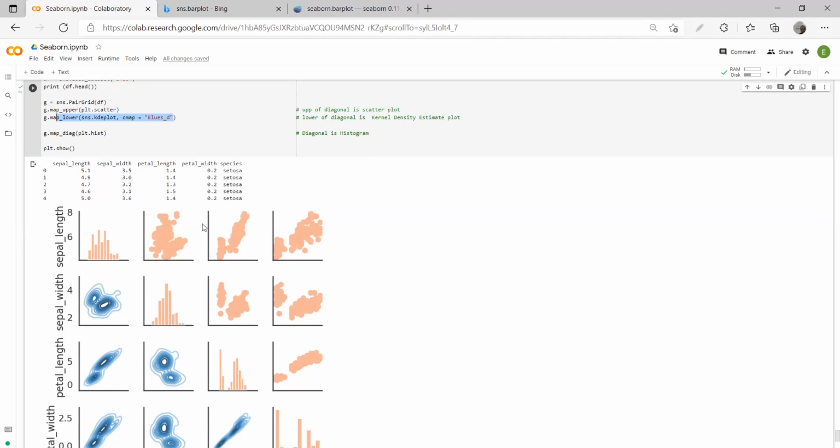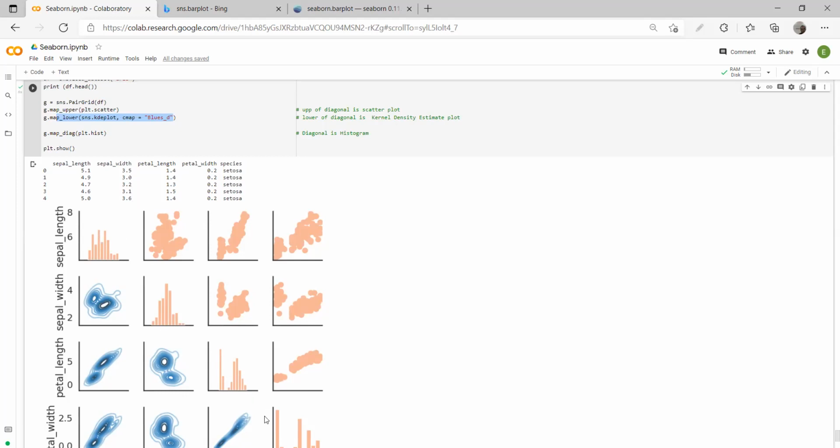Because it was making no meaning if your upper diagonal and lower diagonal are giving you the same graph, right? So some people do it like this, some people don't show anything on one side, right? It depends on who is presenting, and showing this graph or doing this exploratory data analysis is just an art. No one is correct and no one is wrong.